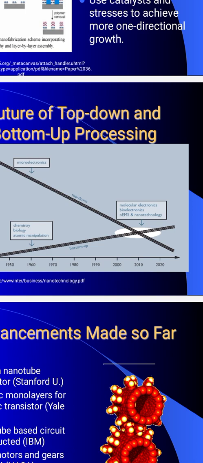So in 2010 they met each other. Now in microelectronics the lithography technique is decreasing, but the other one is increasing. The self assembly and bottom up technique is increasing. Molecular electronics and bioelectronics are now more famous.